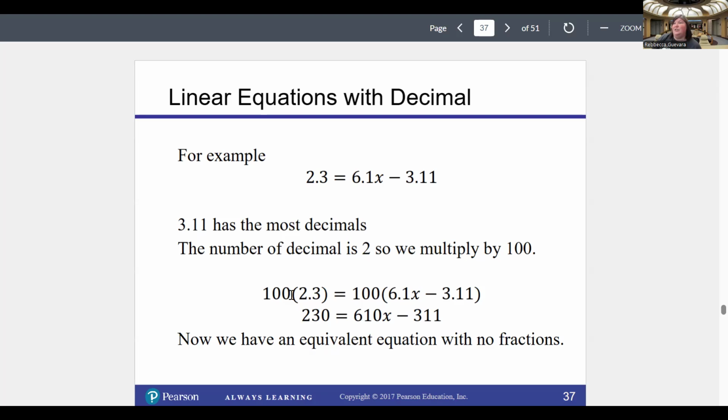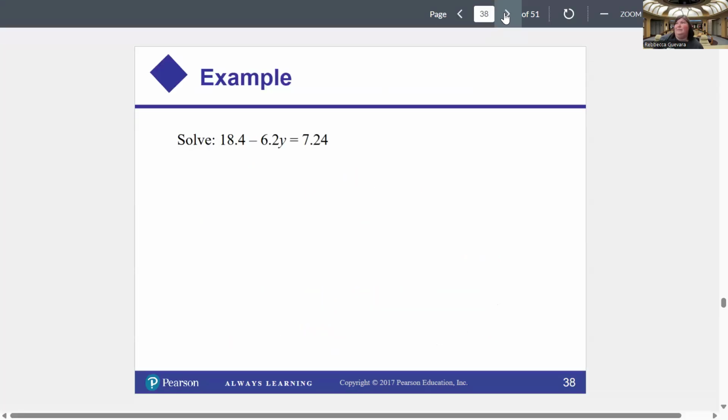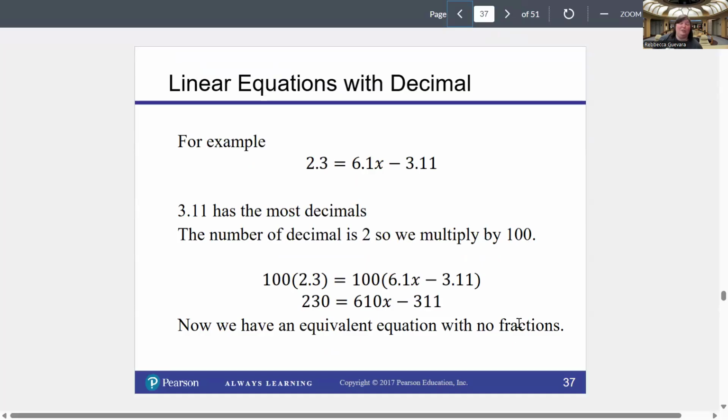So I can change this, by multiplying everything by 100, into 230. Yeah, that's right. I thought that was wrong for a second. 230 equals 610x minus 311. Now we have an equivalent equation with no decimals.